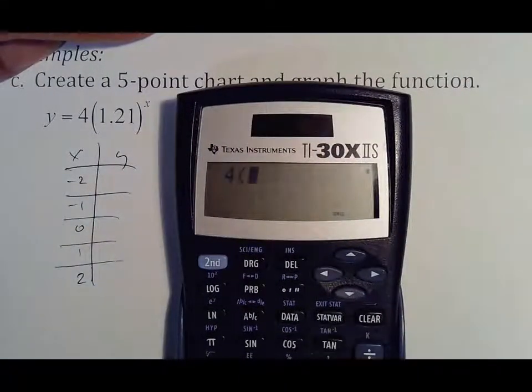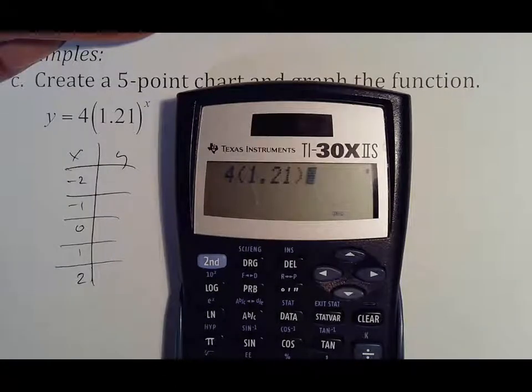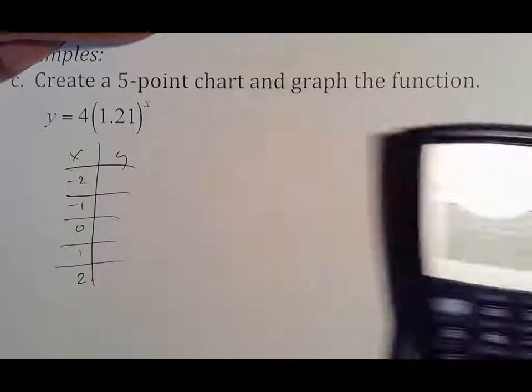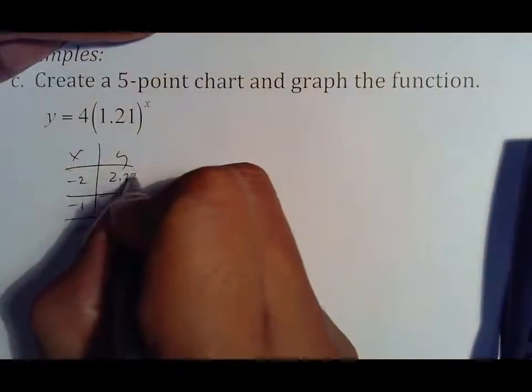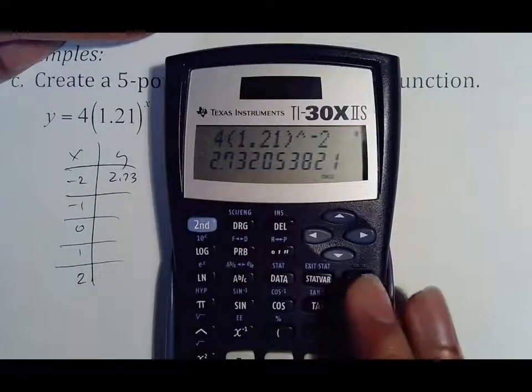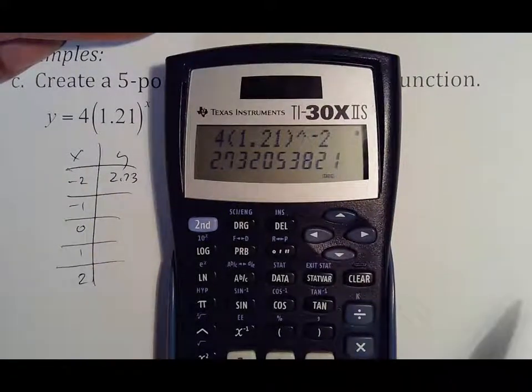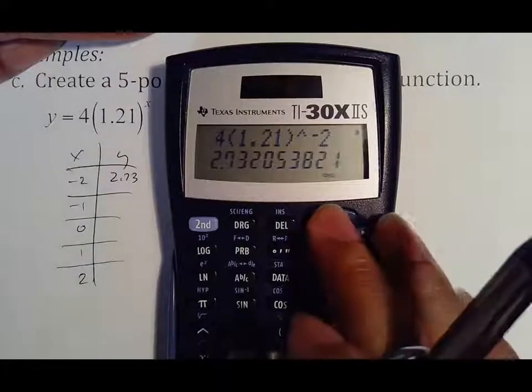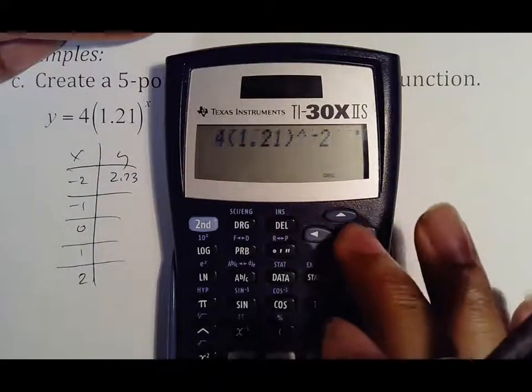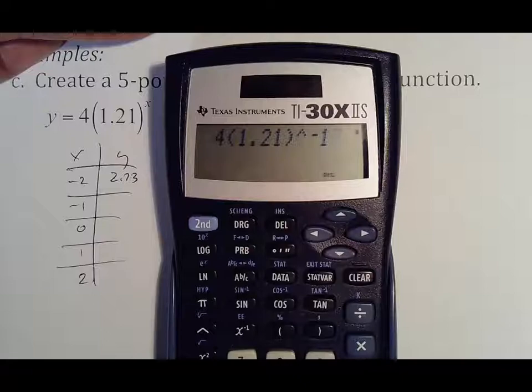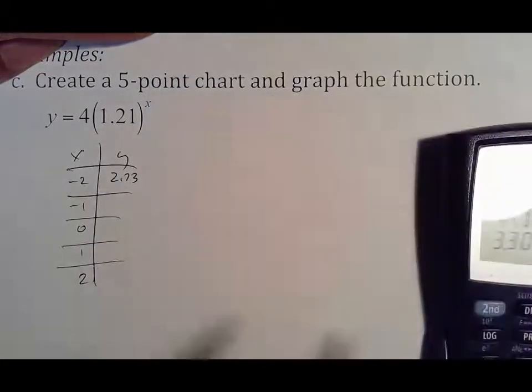So 4, parentheses, 1.21, caret -2 is 2.73. And yes, you do want to go, I believe, to 2 decimals, I think. But again, adjust. If you want to find out for yourself, just miss the problem and see what it rounds to. And then what I'll do is go here, turn that to -1, which is 3.31.